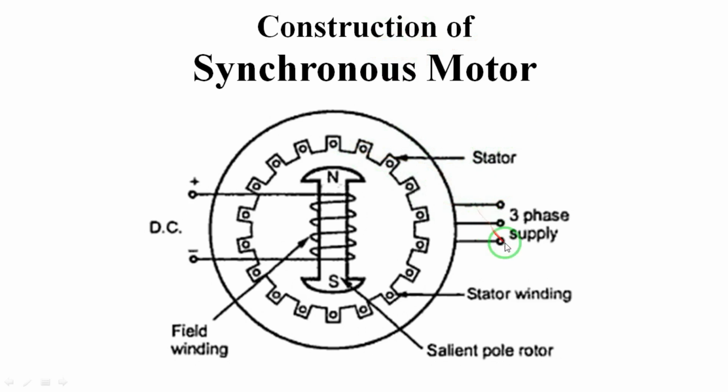When we give the three-phase supply, currents pass through the stator winding. These currents rotate with the frequency of the given supply, so the input frequency is the stator frequency. That stator frequency speed is called synchronous speed.